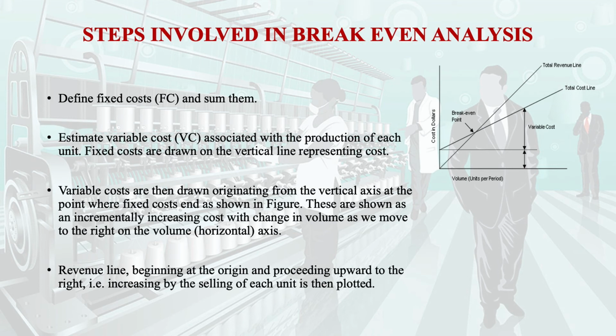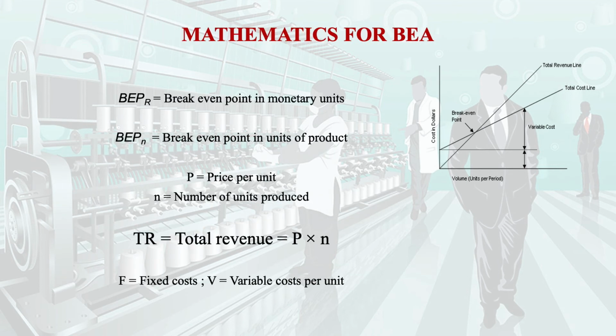As we will show in the picture, these are shown as an incrementally increasing cost with change in the volume as we move to the right on the volume axis. The revenue line begins at the origin, proceeding upward to the right, increasing by the selling price. That means as the number of units increases, our revenue line will also increase.